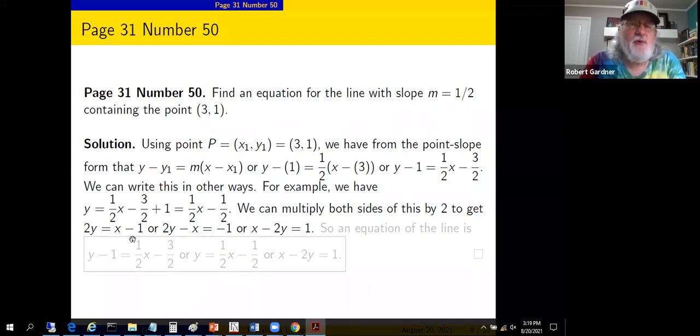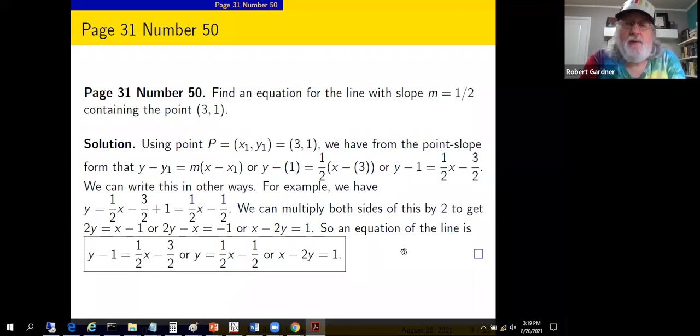This we could further rewrite maybe as 2y minus x equals -1, taking the x to the other side. Multiplying both sides by -1, we could also write this as x minus 2y equals the negative of this, equals +1. Multiply both sides by -1, do some slight rearranging, and it produces that. You can't argue with the validity of any of this.